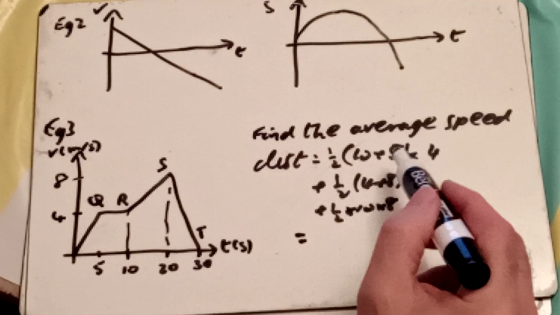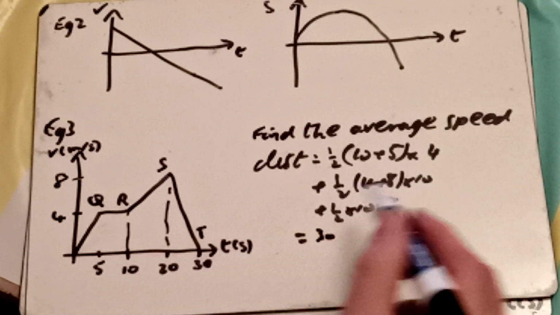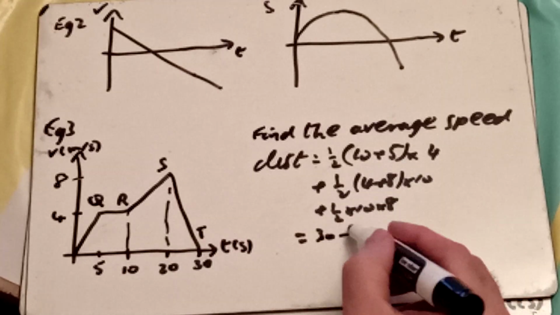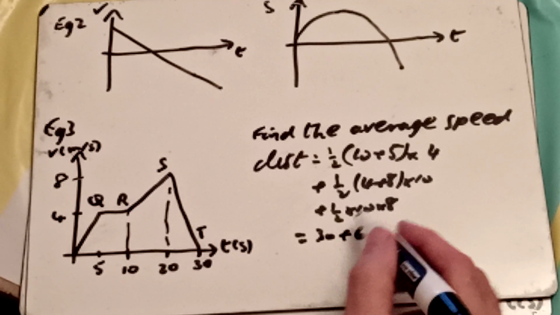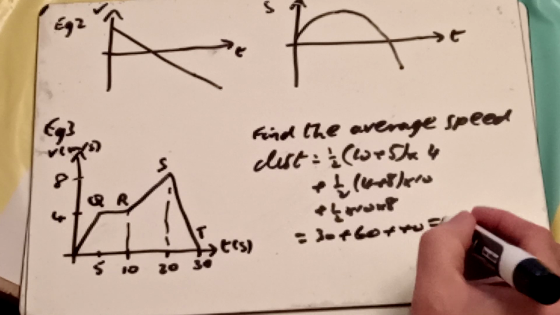So what have I got then? I've got 15 times 2, 30, that part there. I've got the average of 4 and 8, 6 times 10, 60, and then 4 times 10, 40, so 130 meters.